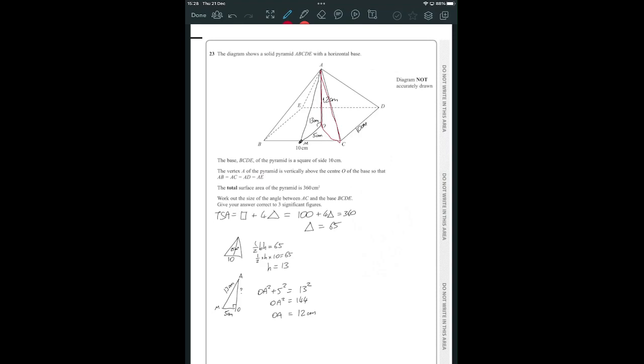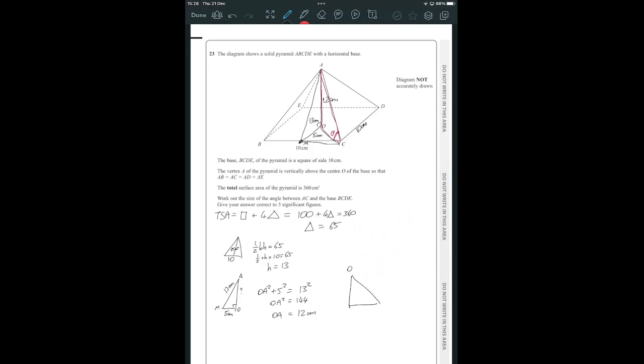Okay, because that gives me the angle I want. The angle AC and the base is exactly that angle there. Well, I haven't found OC yet, so I need to go back and find OC. Well, OC's best triangle is probably OMC.